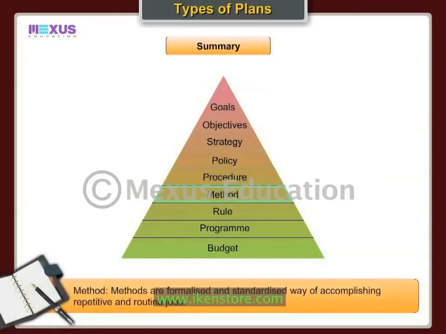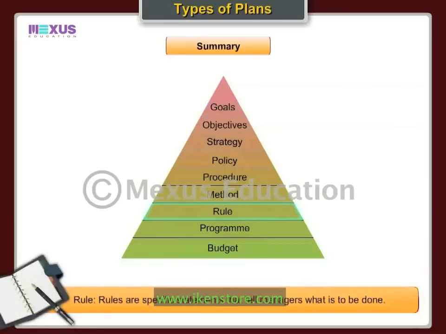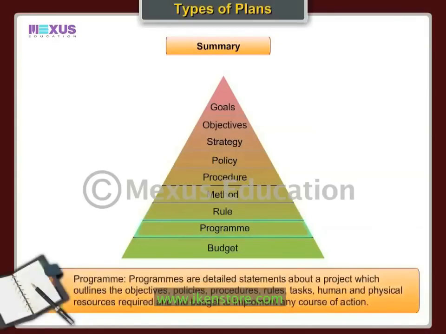Method. Methods are formalized and standardized way of accomplishing repetitive and routine jobs. Rule. Rules are specific statements that tell managers what is to be done. Program.